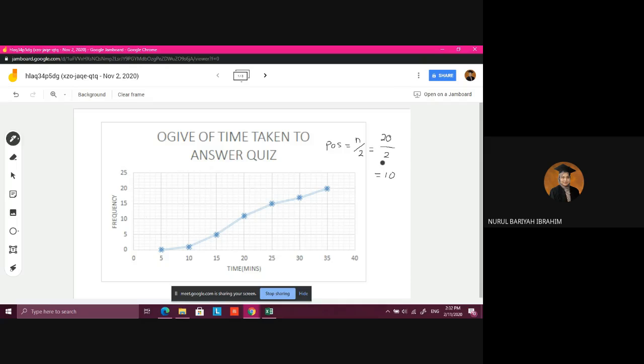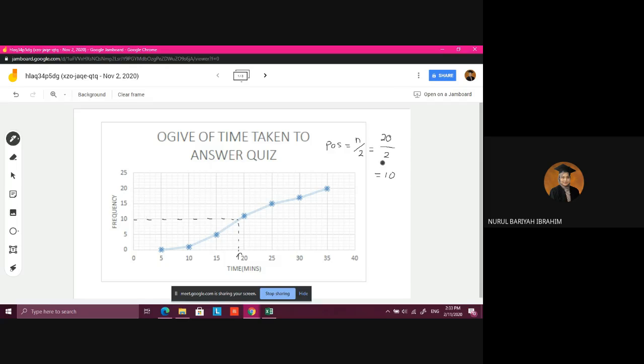We want to know the median for our variable, which is the time taken. So we look for the median here. The position is 10, so you have to drag this across using a ruler. Please use the ruler. Drag from here until it touches the ogive line, and then go down to find your median.